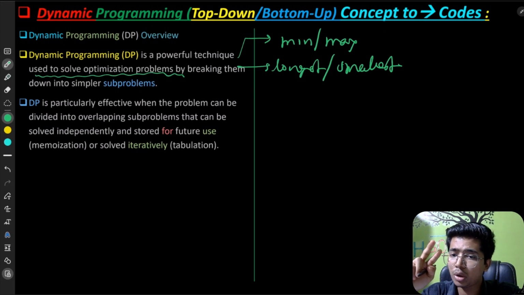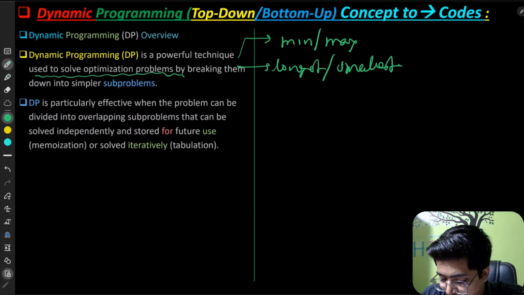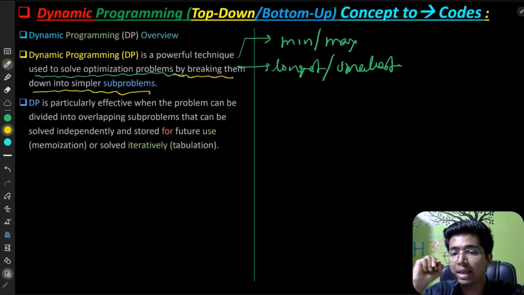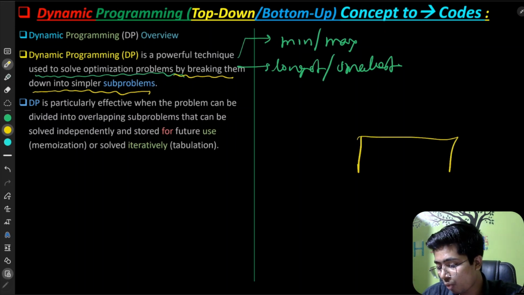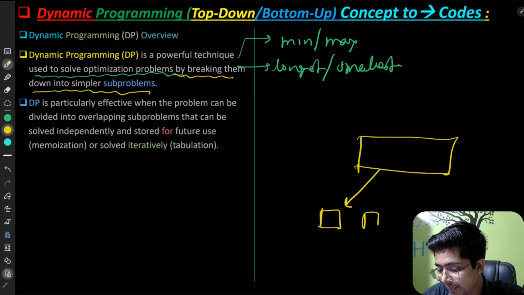Number one. Number two, in dynamic programming you always solve the problem by breaking it down into smaller subproblems. That means any problem, if we are able to break it into smaller pieces, then we understand that is the place where we can apply dynamic programming.